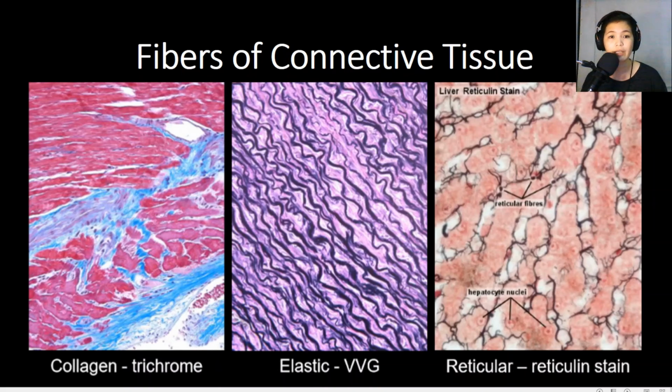Okay, so it can be found in the liver, endocrine glands, and hematopoietic organs. So we have reticular cells here that are a modified type of fibroblast that produces reticular fibers. So these are the different fibers that can be located in your connective tissue.